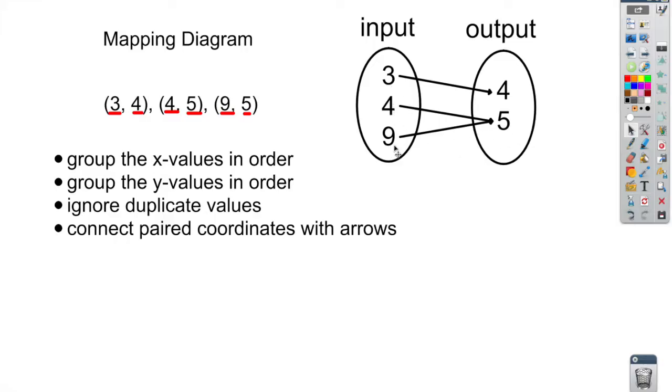But do each of these inputs spit out only one output? Yes. Now do 2 of these inputs spit out the same output? Yeah. But that's okay, as long as we didn't have like 4 and another 4 spitting out a different output. Every input has to spit out one output, which this does. Every input has a single arrow coming out of it to some output.